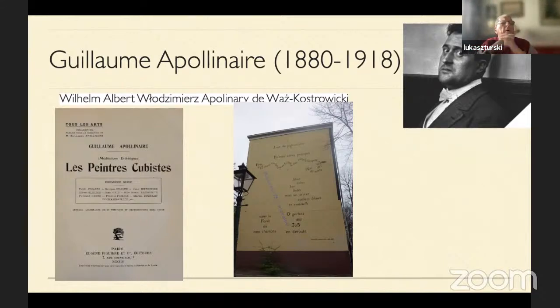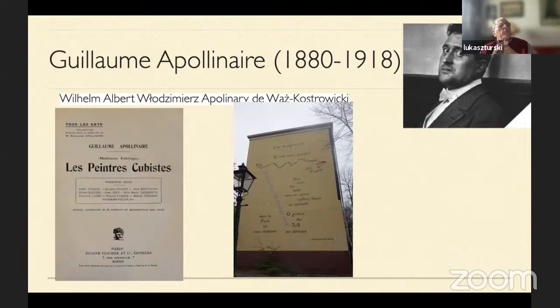And Apollinaire dominated the discussions in Bateau Lavoir. And he also was bringing to that place those members of the lost generation I mentioned, and also the other individuals. His life was very short, as you see.